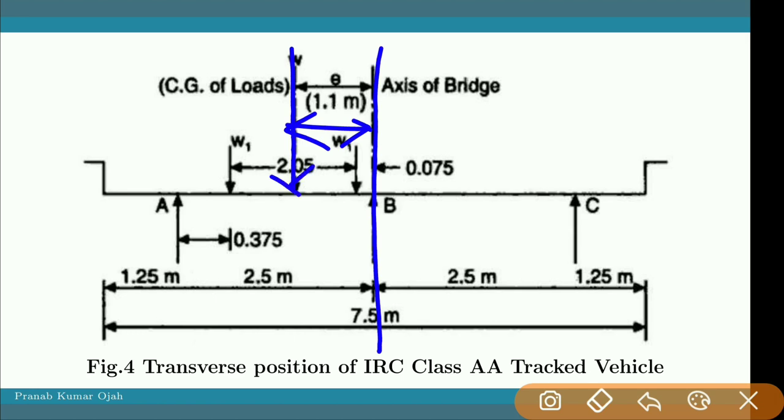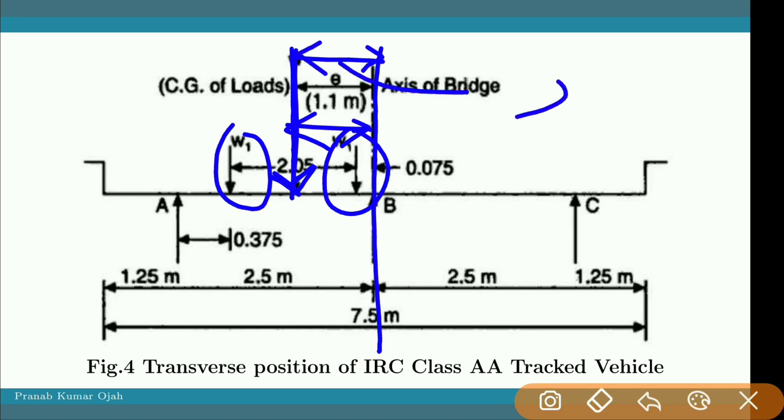The CG line of the load system, W1 to W1, will be at the midpoint of this load system, and the distance between these will be E, which is called eccentricity. Following the other dimensions, we can easily calculate E equal to 1.1 meter.